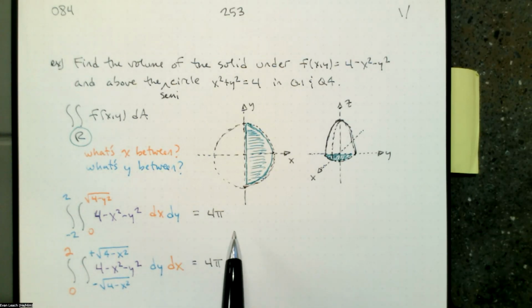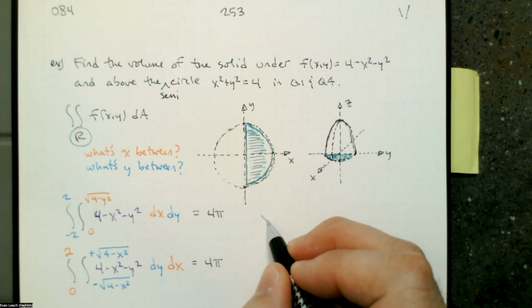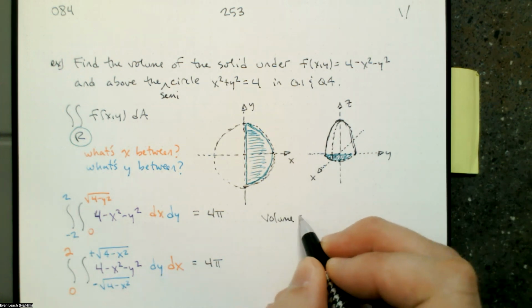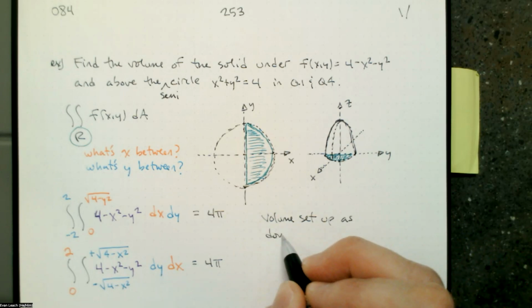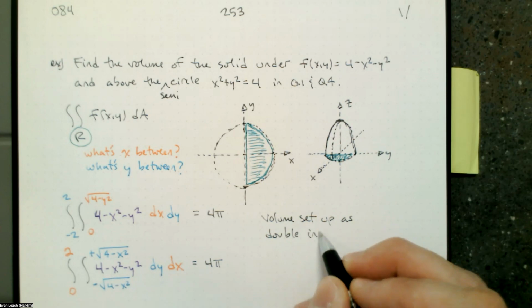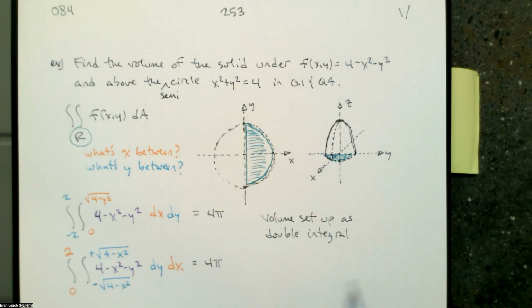So we set up the volume as a double integral of height times area.